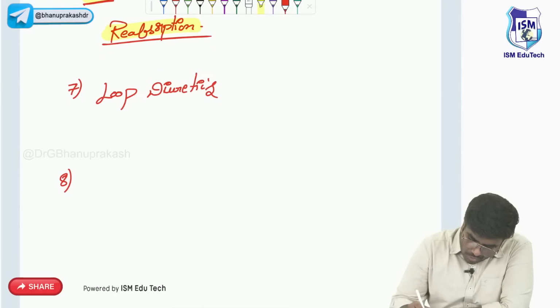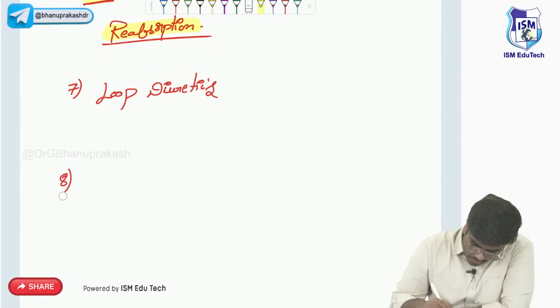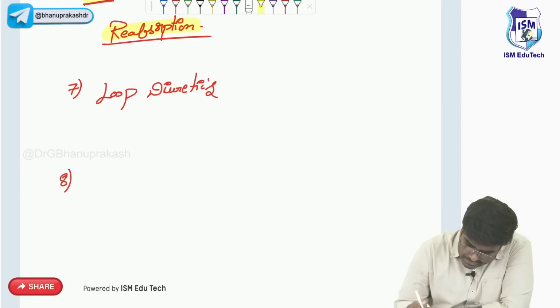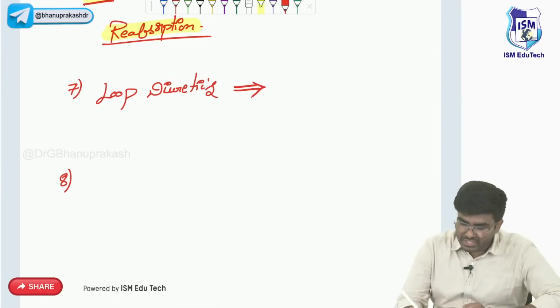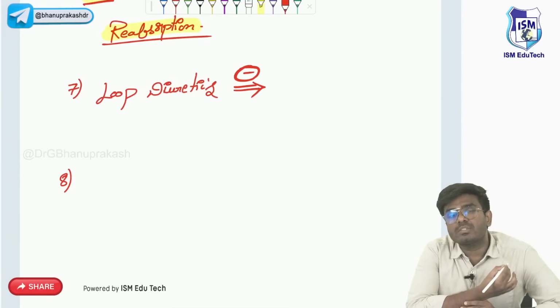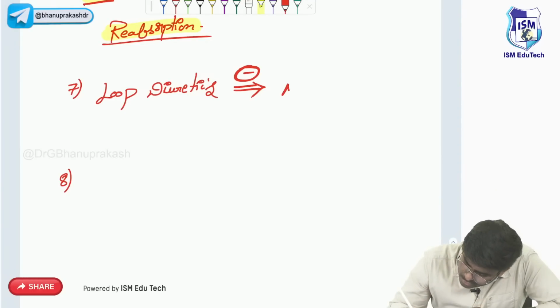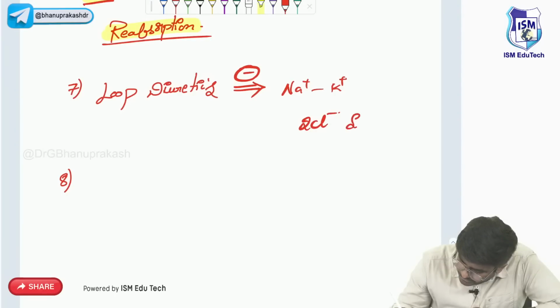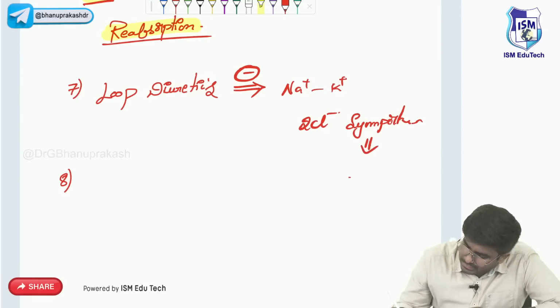Okay. Now after this, let's talk about loop diuretics. The direct question which was asked is: loop diuretics inhibit which transporter? Loop diuretics inhibit sodium potassium 2 chloride symporter. Where is it present? In the ascending limb of loop of Henle.